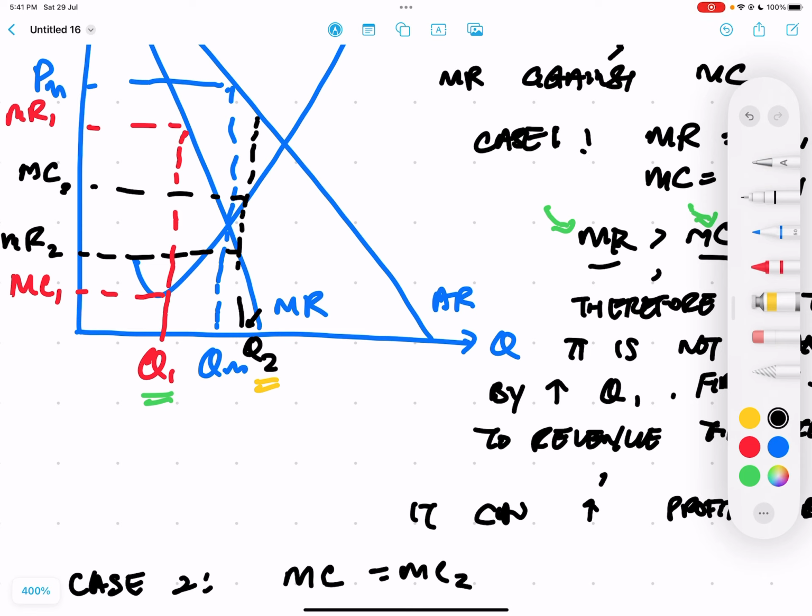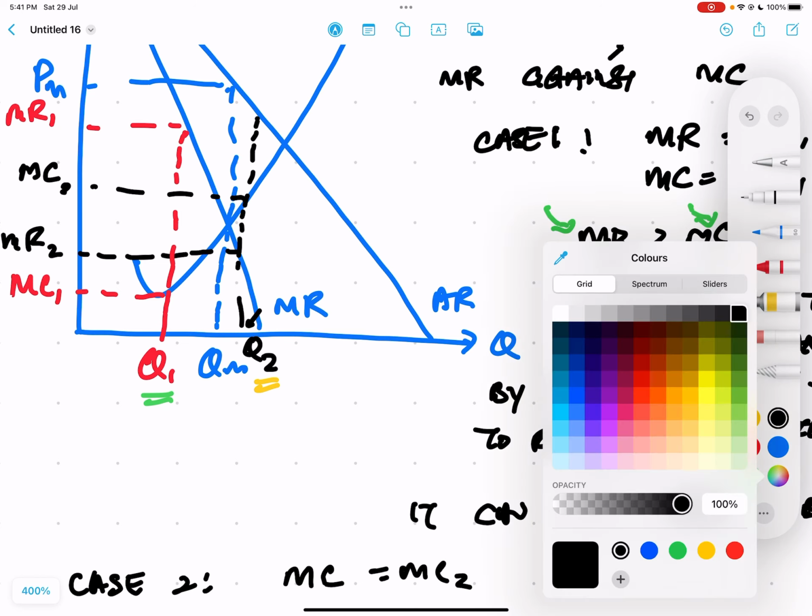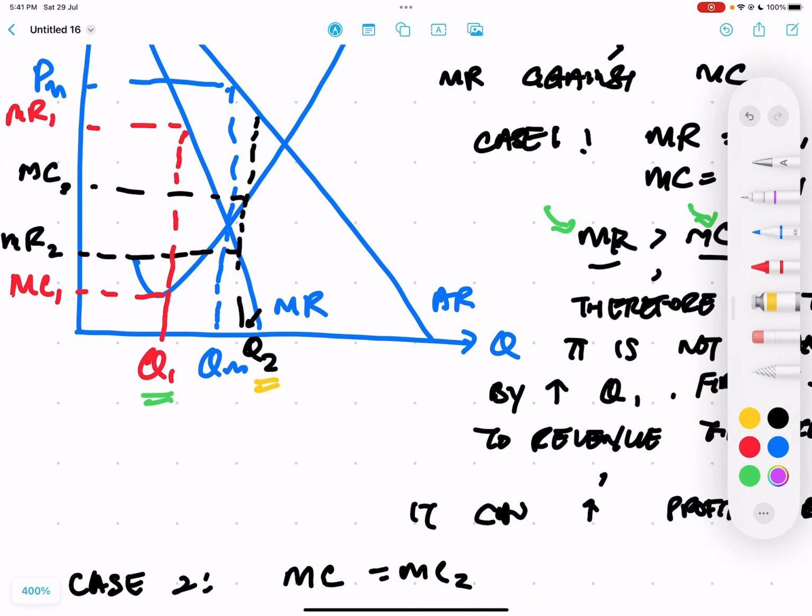Maybe let's use a different color, let's use pink. You take Q2 and read off the y coordinate of the MC curve. Oh, that's MC2. And then you take Q2 and read off the MR curve. You go upwards and this is the MR.